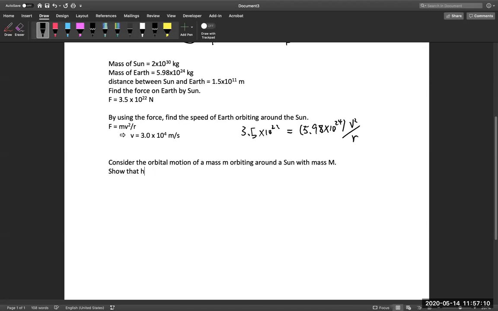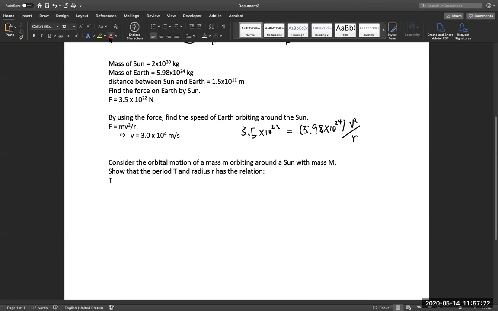Show that the period T and the radius r have the relation that the period squared is proportional to the radius cubed.